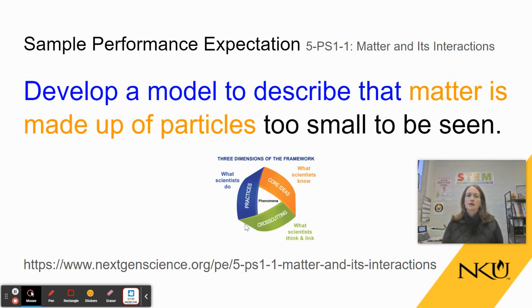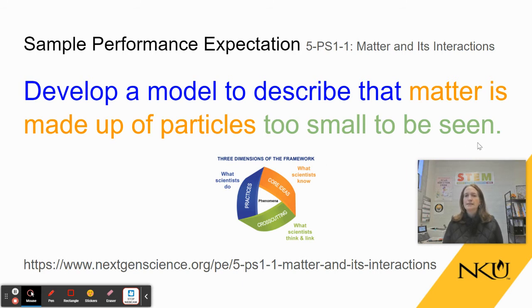Lastly, we have the cross-cutting concepts. Again, sometimes teachers will take a little longer to work on and get used to those, but they are specifically addressed in the performance expectations, as you can see here, that the particles are too small to be seen. And that comes from the cross-cutting concept on scale, proportion, and quantity.